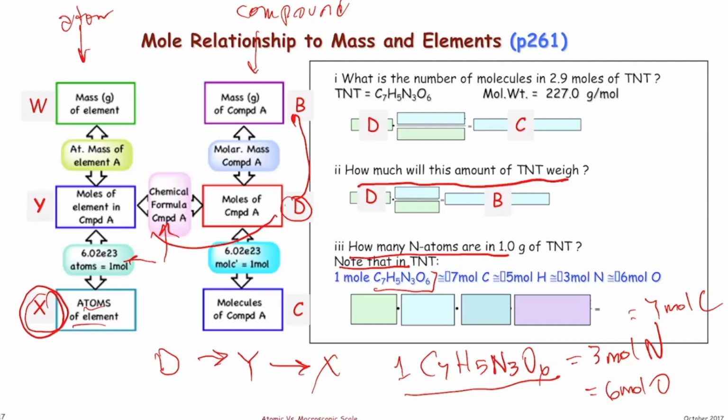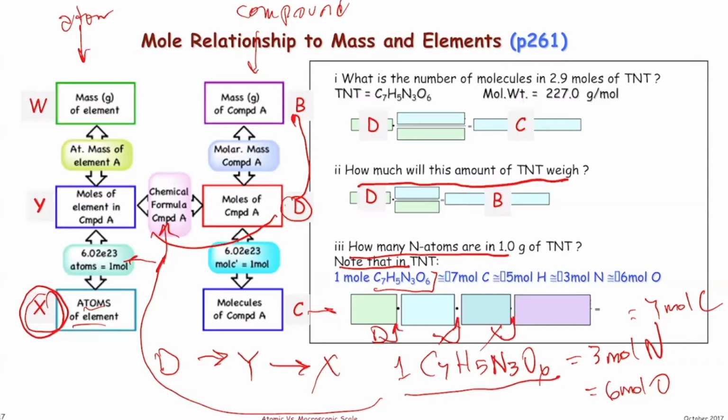So the formula is the conversion factor, and that's where you use that. So this last path is D to Y to X, and then you have your answer.